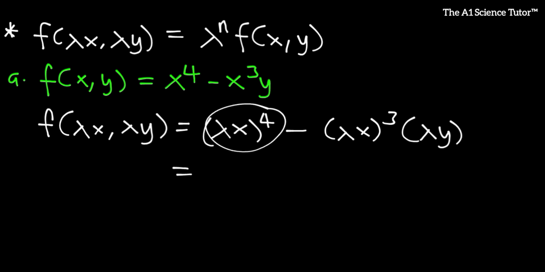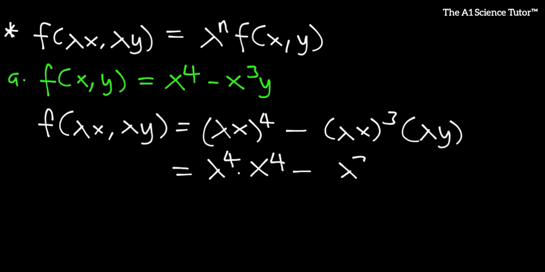So if we distribute the fourth power to each term, we're going to have lambda to the fourth multiplied by x to the fourth, then minus lambda to the third multiplied by x to the third, and this should be multiplied by lambda multiplied by y, right?